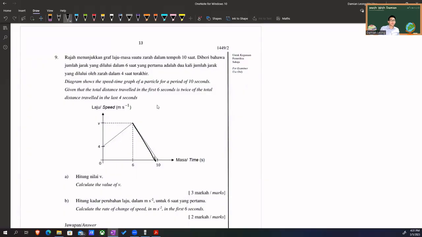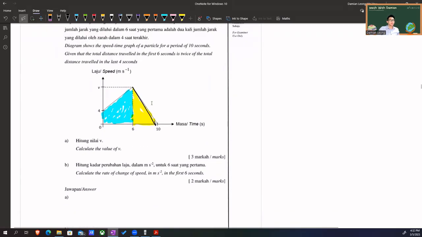In other words, this area is double this area. So I want to find V.